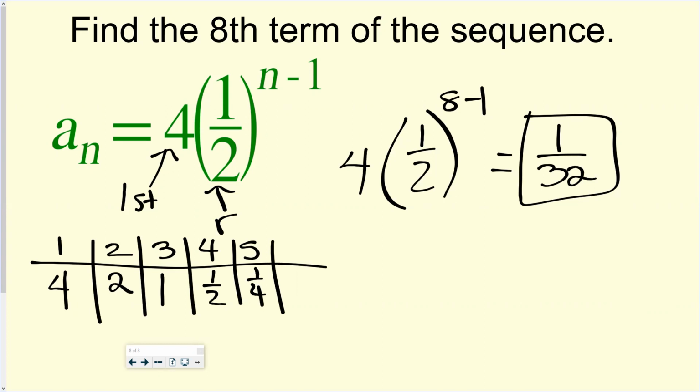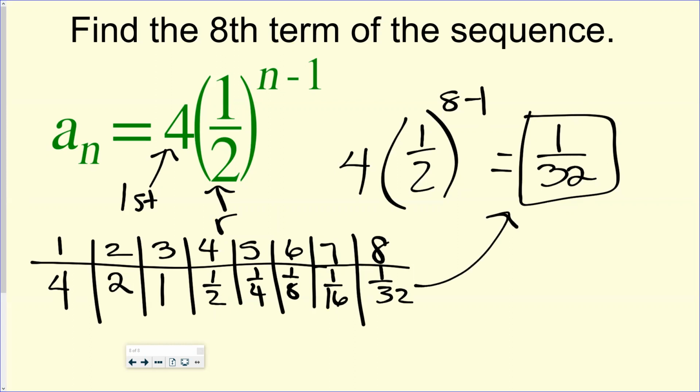Times 1/2 again, and I get 1/8. My seventh term times 1/2 again, and I get 1/16. And lastly, times 1/2 again, and I get 1/32, which is the same answer I got here. But notice it took me a little bit longer to do it the recursive way than it did the explicit way.